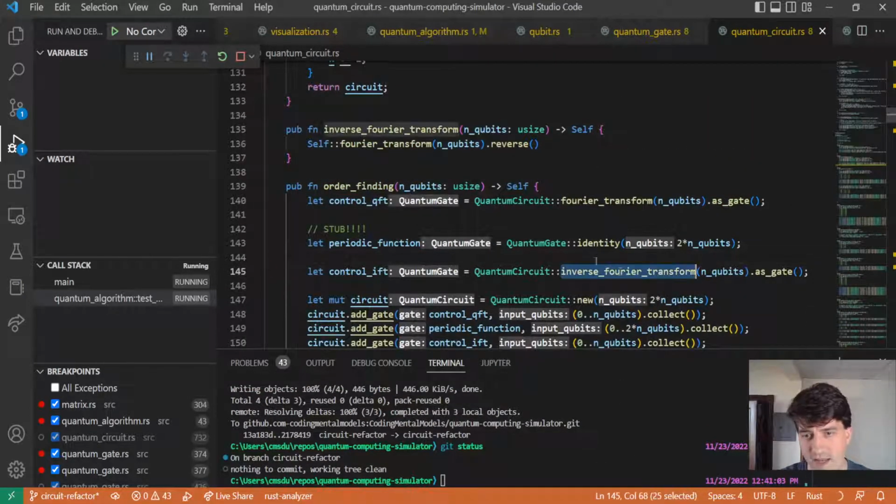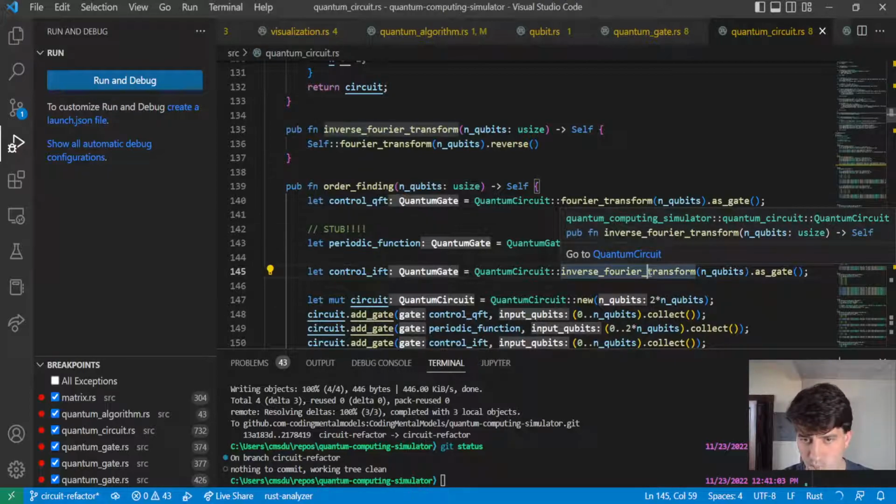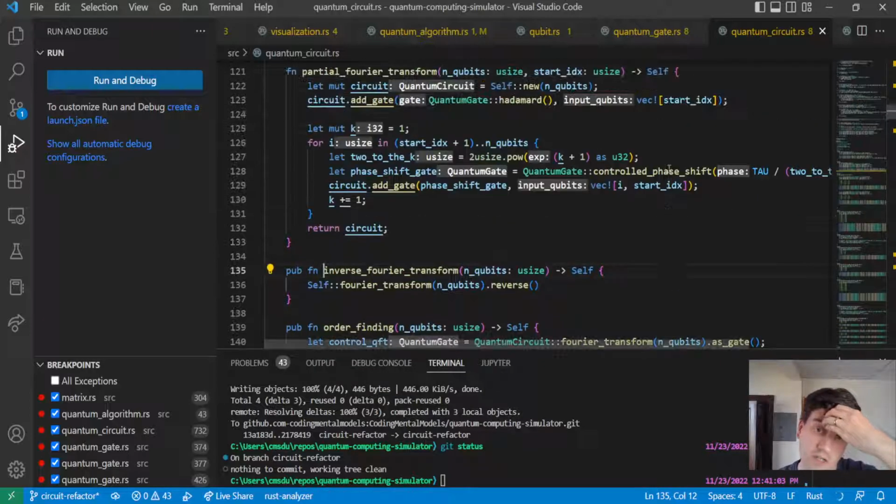Okay, so this is still hanging on the inverse Fourier transform. So the issue is we're trying to invert a matrix that is 2 to the 8th, and that's taking forever and eventually ooming our machine. So we kind of suspected that this might be the issue.